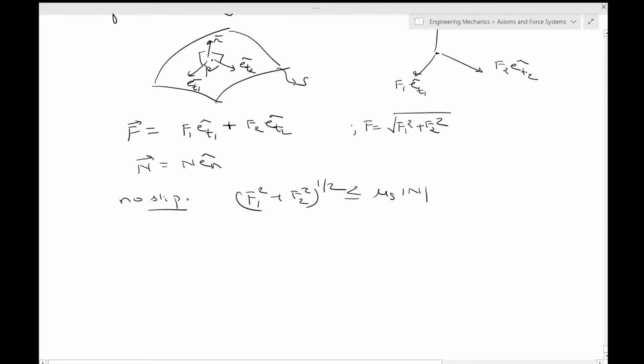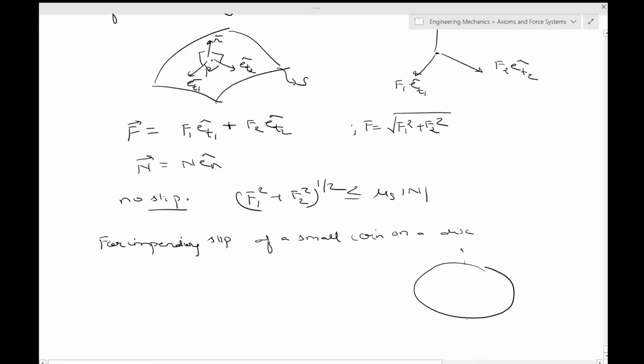Lastly, it's sort of an extension or a more realistic case, a merry-go-round, for example, for impending slip. Slip of a small coin on a disc. Say this is the axis, omega dot, and then this is the coin.